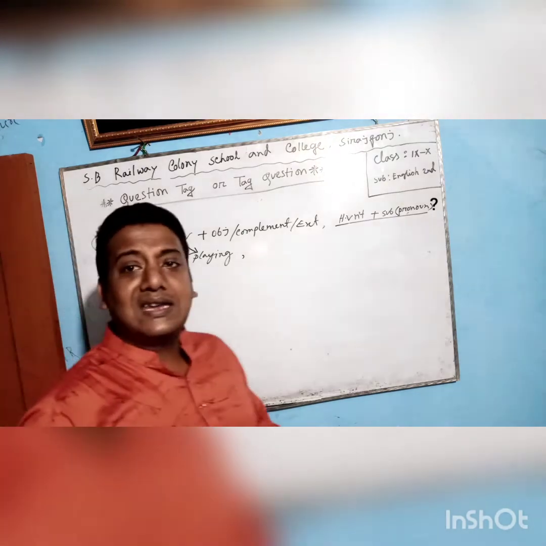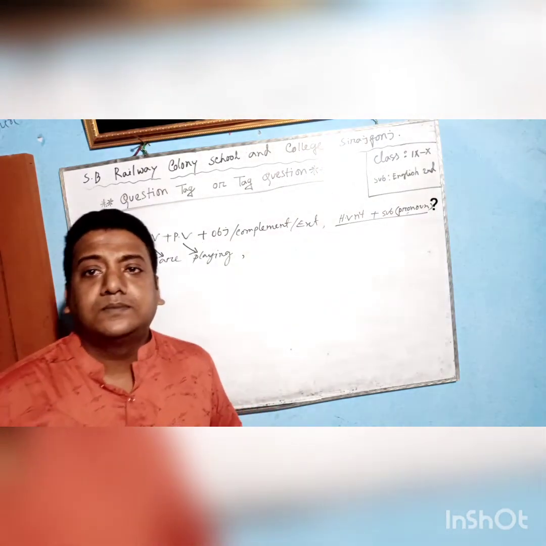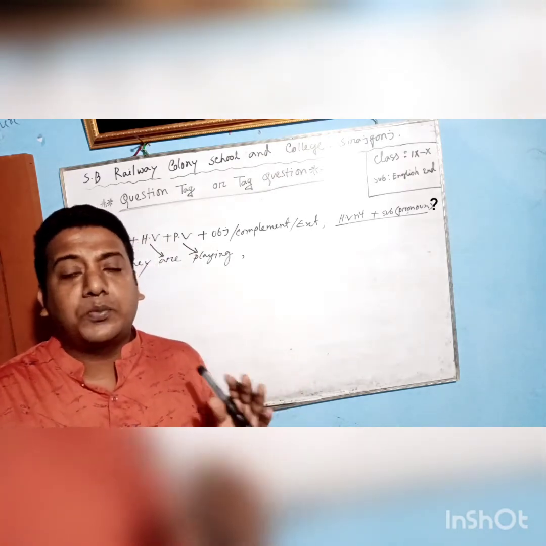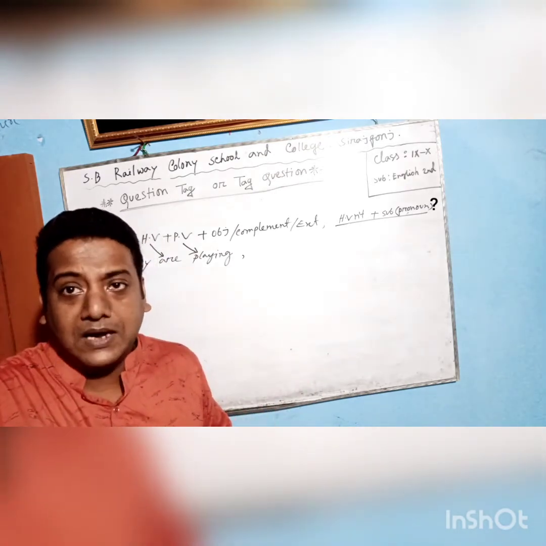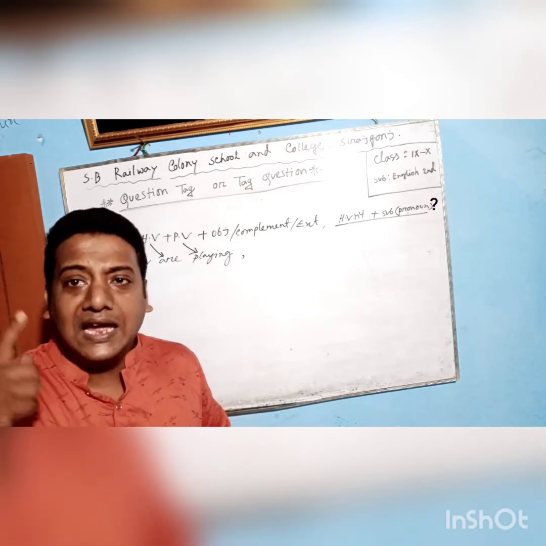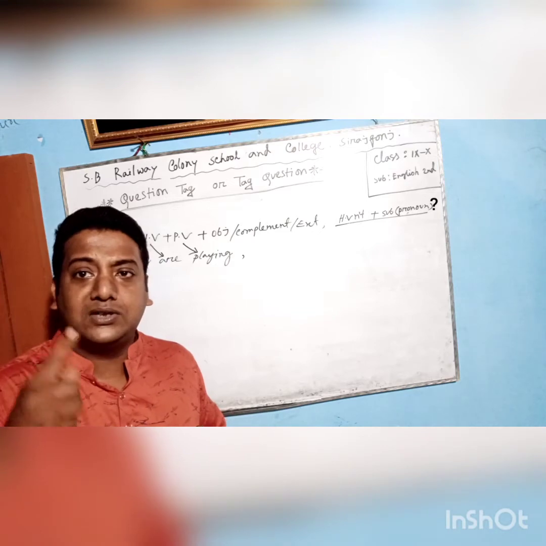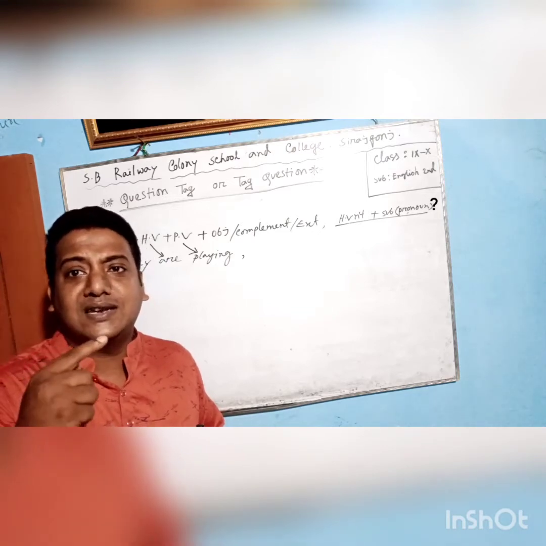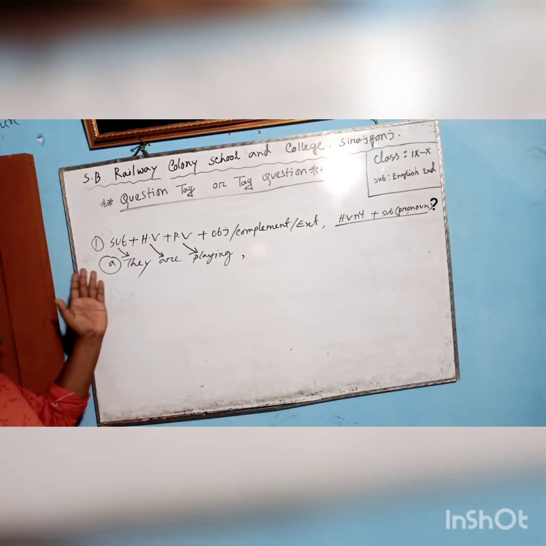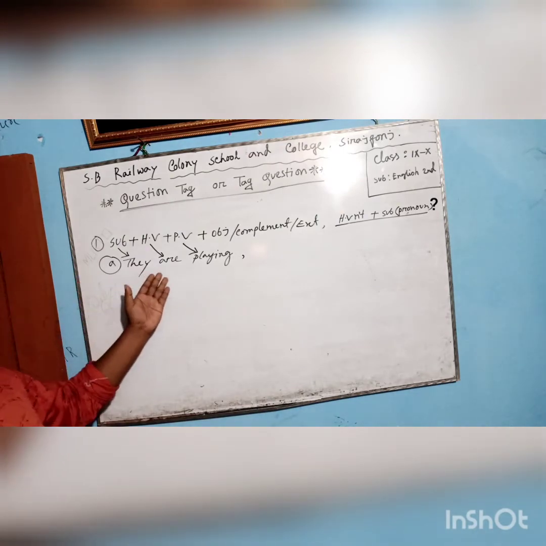When you make a tag question, principal verb is not important. You do not pay attention to the principal verb. You only pay your attention to the helping verb which is used in the statement sentence. In this statement, we can see that they are playing.